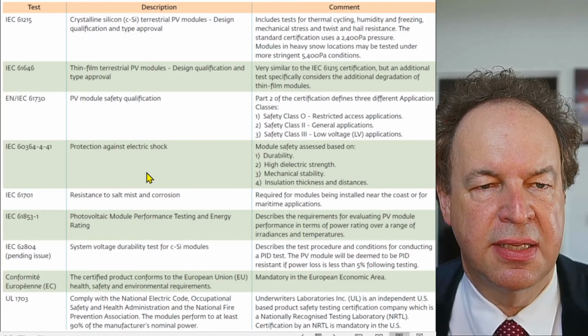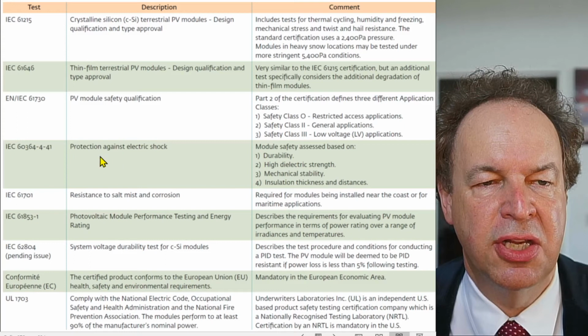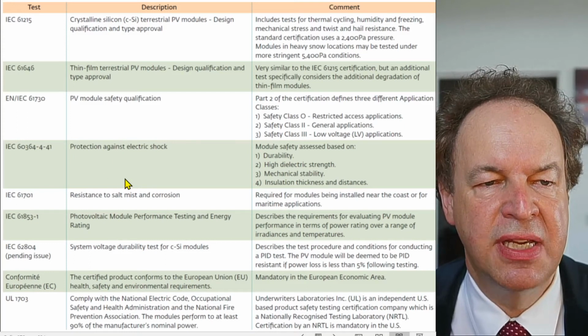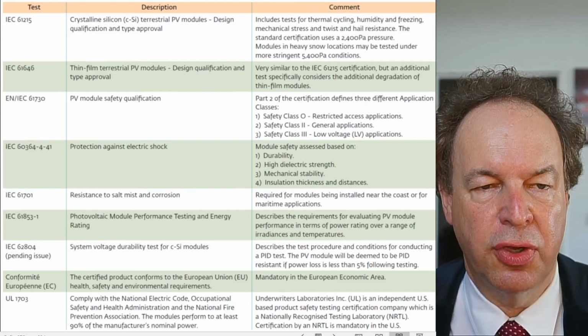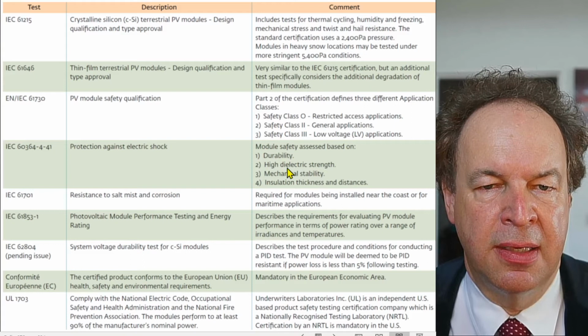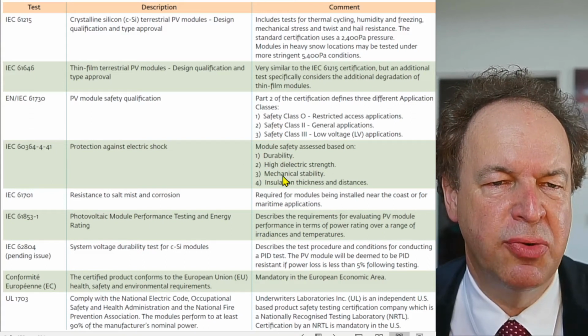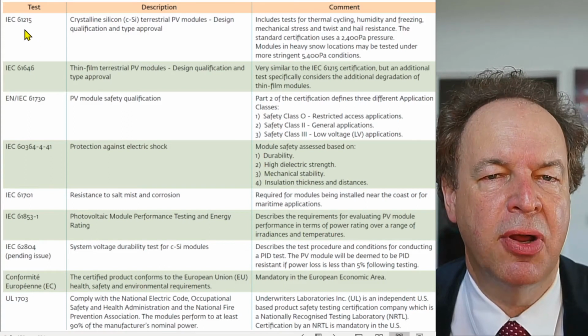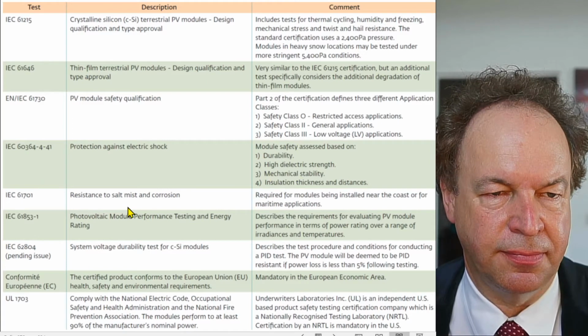Usually that's already part of the IEC 61215, but there are additional ones, the 60364-4-41, protection against electrical shock. So usually you have this one, but I hardly know someone who is using that, because usually this one includes, and together with this one, most is included there.